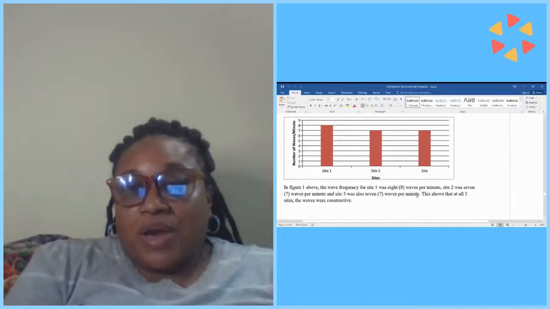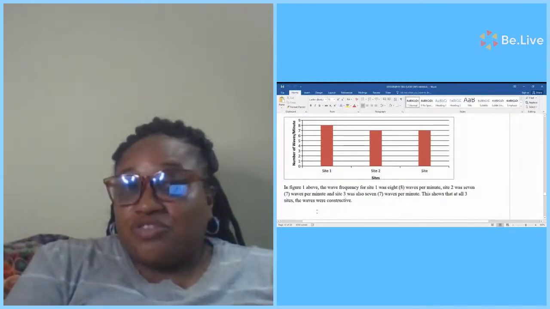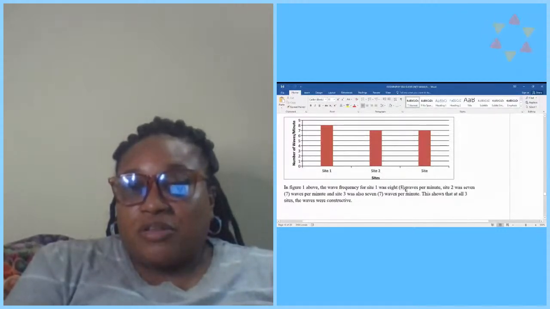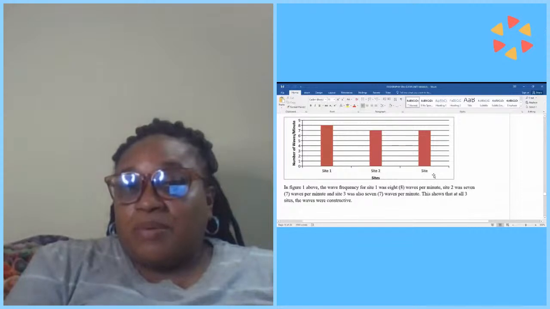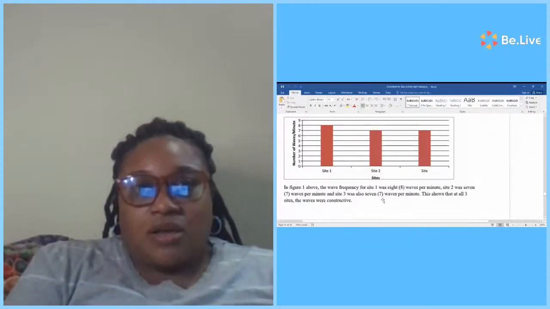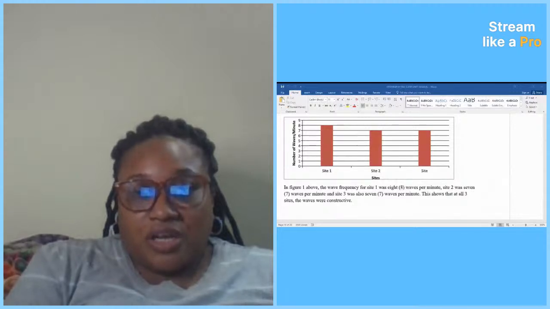Now, where she said this shows that all 3 sites had constructive waves, or the waves there were constructive, that is a summary based on the number of waves per minute. You analyze that that was actually constructive waves. So if we go to our Excel sheet and you want to do that in the same way, right?